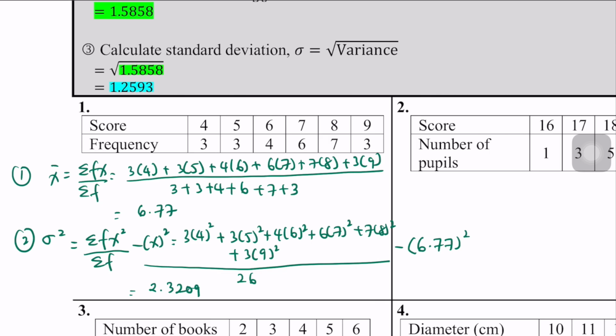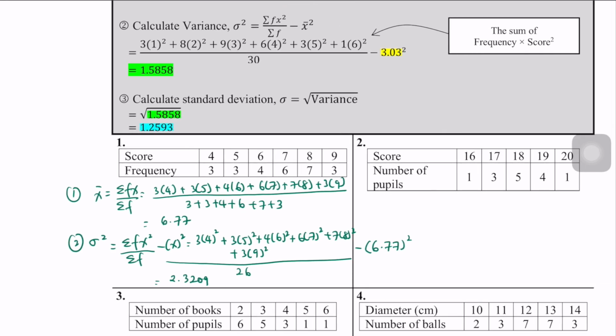2.3209. Next the third one, I write it over here, we don't have enough space. So number 3, the standard deviation, just square root the variance. So 2.3209 square root, and you will get 1.523.